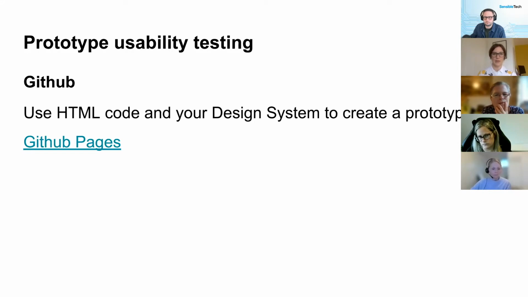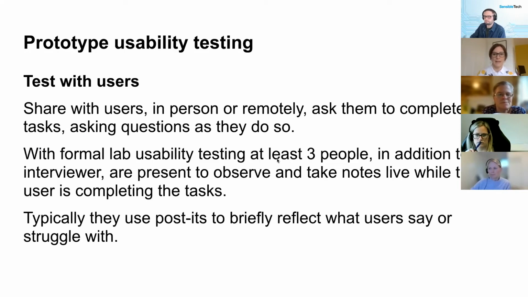In the resources we'll share at the end, there's a how-to for GitHub. The good thing about that is that you get a consistent environment to what the final service would look like when it's on your website. So that's the advantage of that one. Next slide, please.